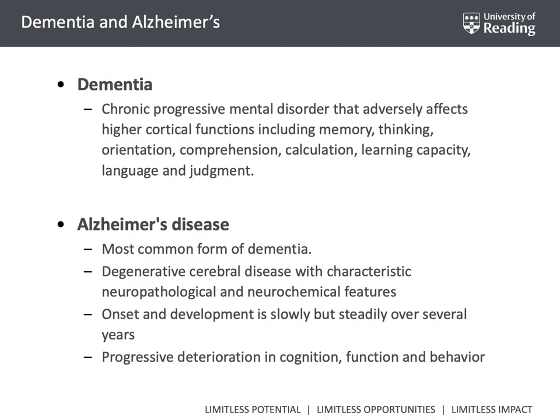But the characteristic here is that these are progressive diseases. Neurodegenerative diseases are only going to get worse. That's why your role as the pharmacist is to think about how you can best manage patients living with dementia and Alzheimer's disease, but also what the potential is for the future in treating patients who have yet to present to the GP with some of these deficits themselves.